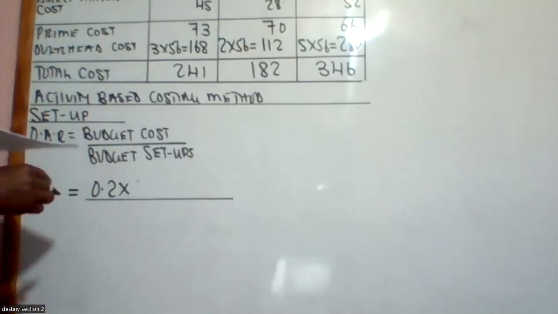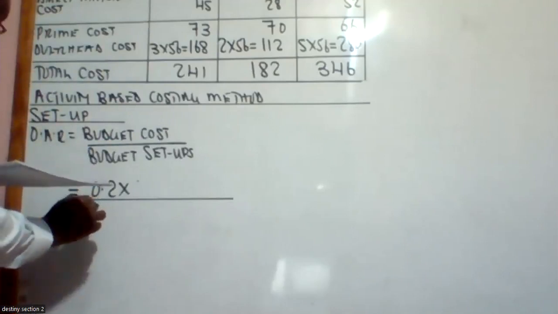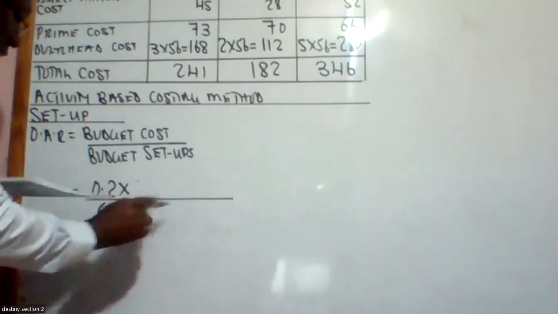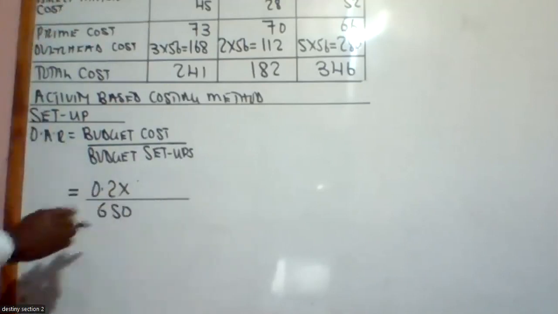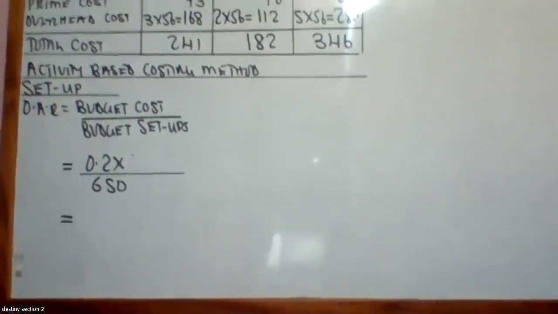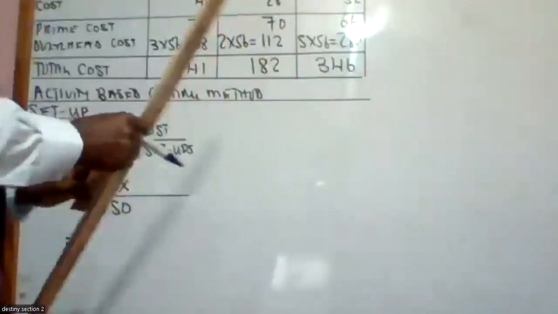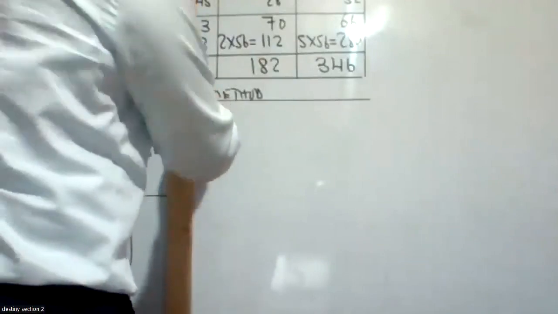So for this period, the setups are 650. So let that be.